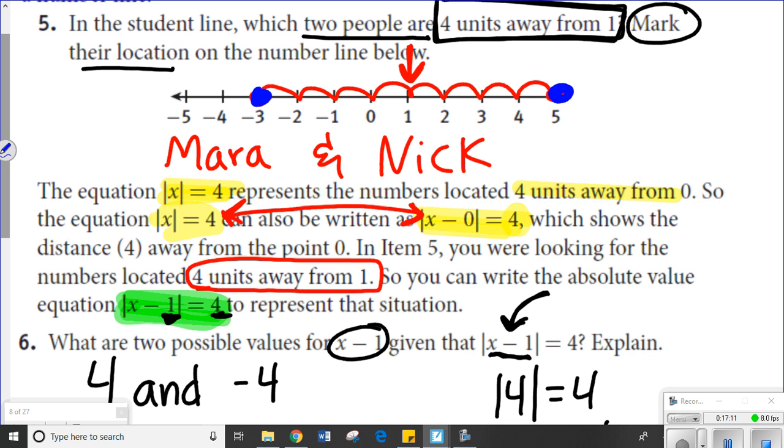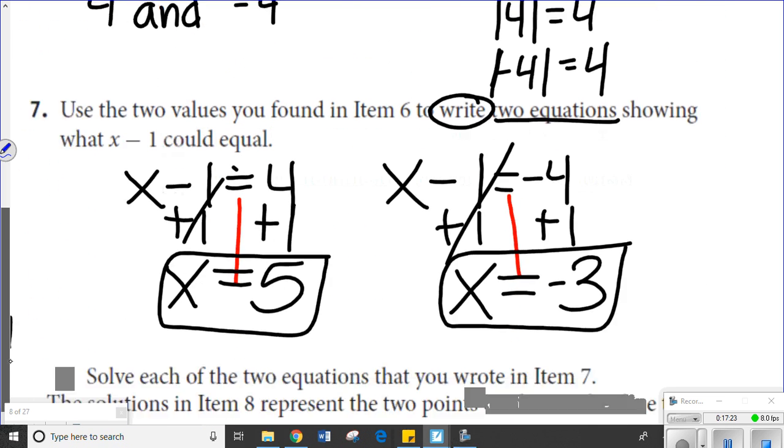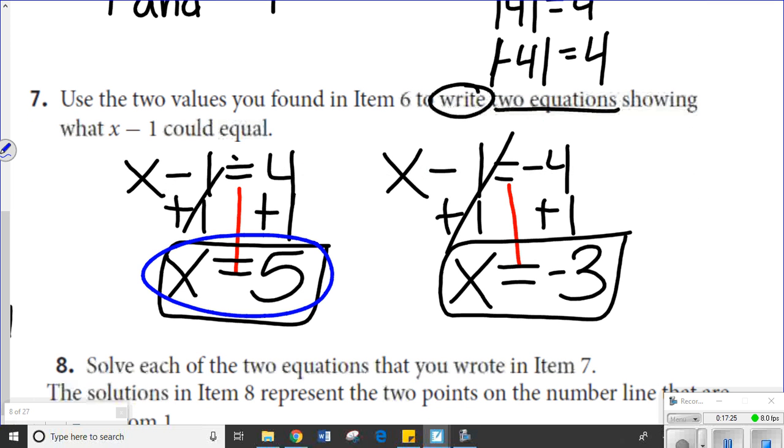We just found which two numbers are 4 units away from 0. We got 5 and negative 3 on our number line, and when we solved using algebra, we also got 5 and negative 3. Because I can't extend my page, I cannot write my answer under question 8 or question 9.